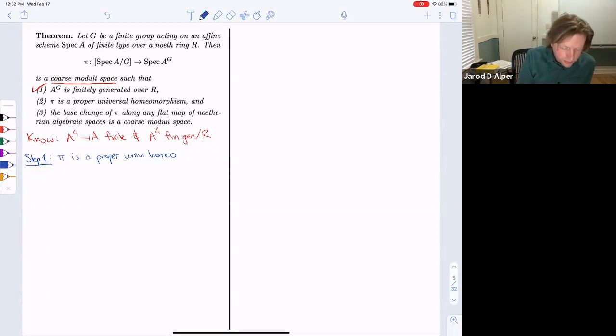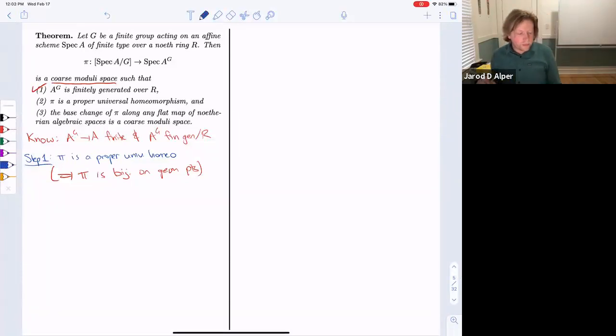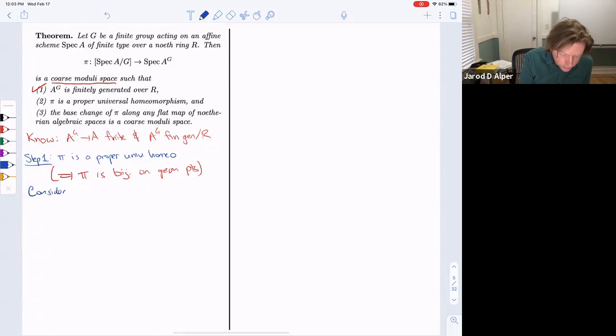I'm going to break this into a couple of steps. The first step is to show that the map is a proper universal homeomorphism. This then implies that pi is bijective on geometric points. To do this, we have A mapping to the quotient stack, and this maps to the invariants.